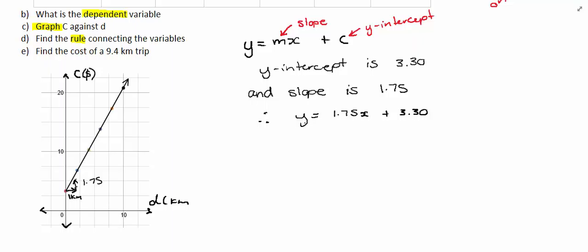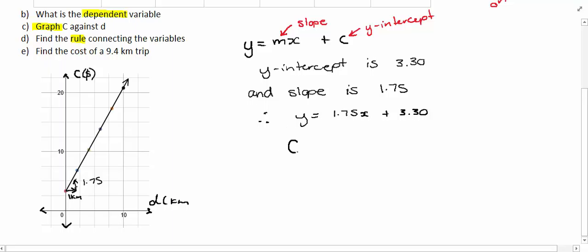So instead of y, we would replace it with f of x, but in this case, our function represents cost. So instead of f we've got c, instead of x we've got d for distance. So we're talking about the cost per distance is equal to 1.75d plus $3.30.